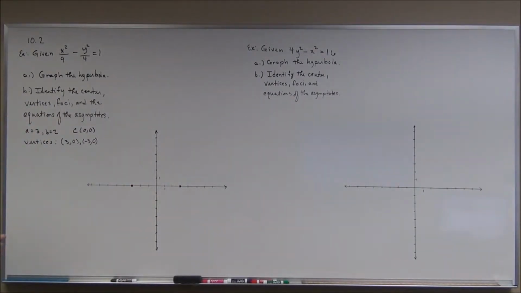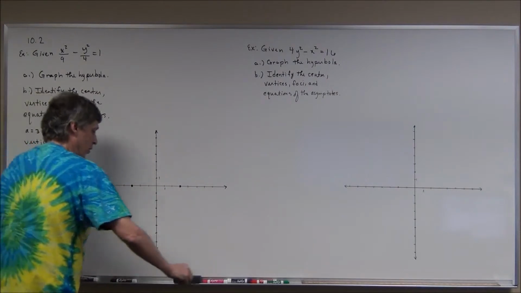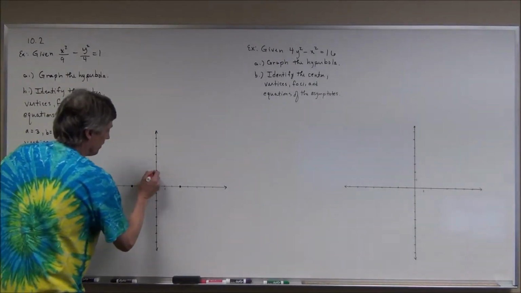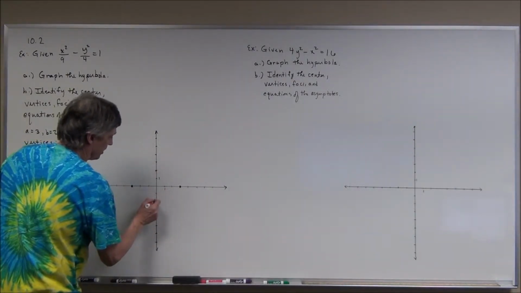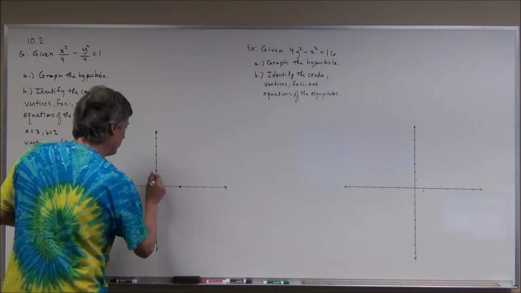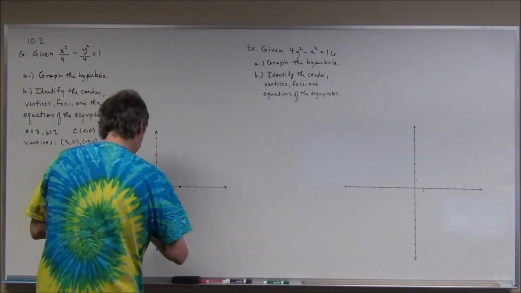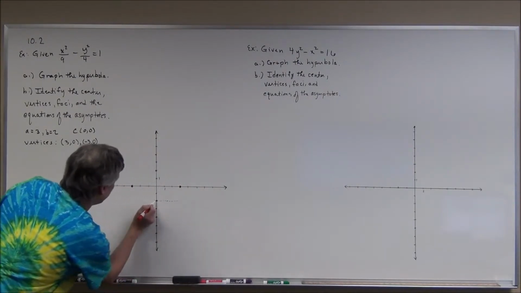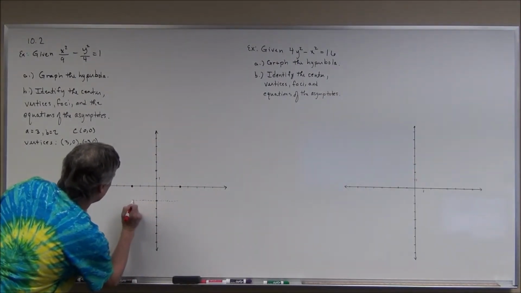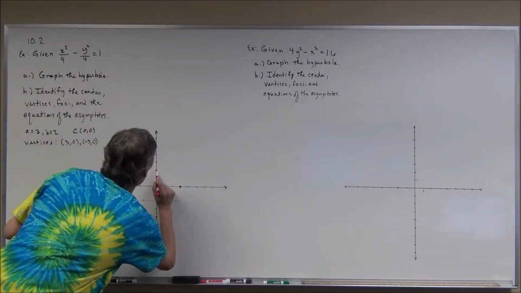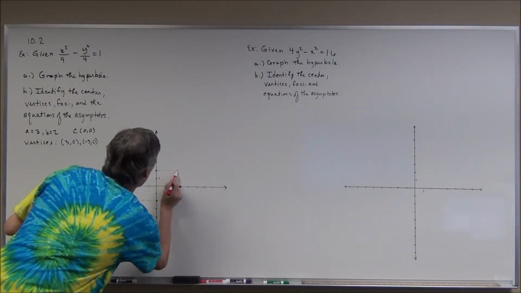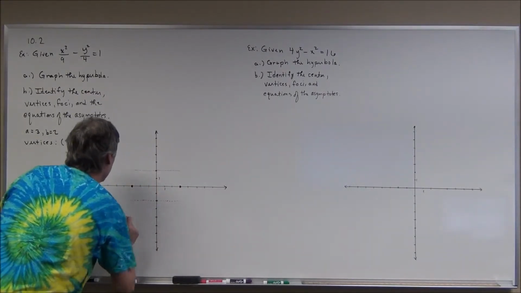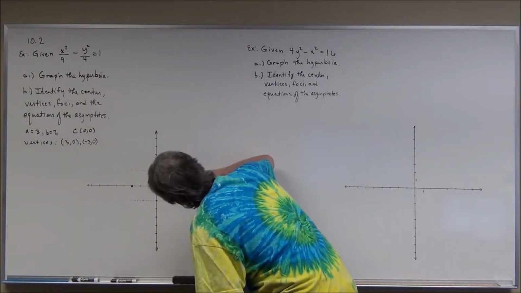And then I also am going to use the fact that I know that B is 2, so these would be the endpoints here and here of my conjugate axis. Because of the inconvenience of trying to graph on the whiteboard, I am going to be as careful as I can while I freehand, which I just told you guys not to do.